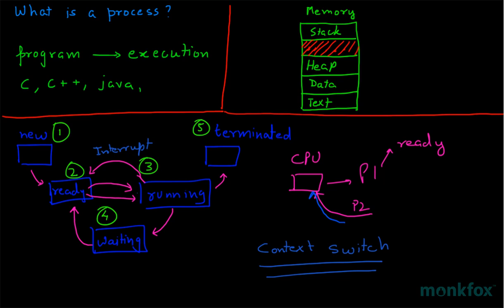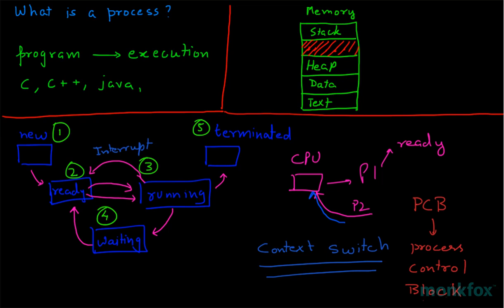There is one more thing: the operating system uses a data structure to maintain the states of a process. It is called the process control block, or PCB. Every process has a process control block.